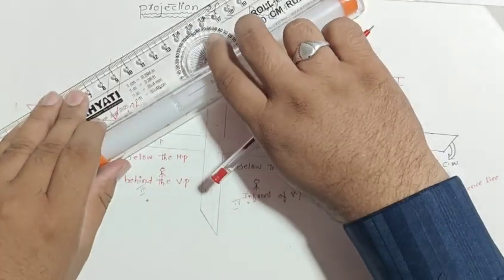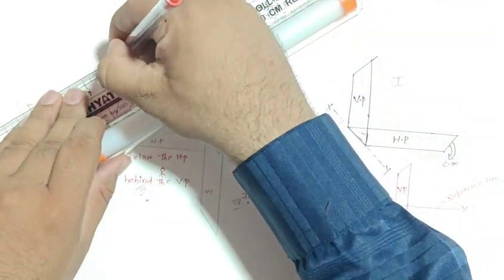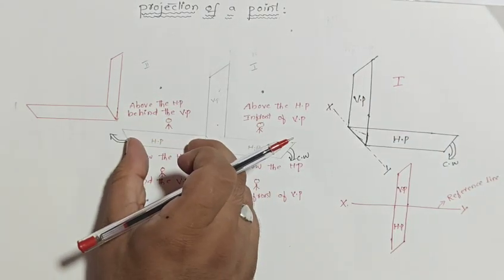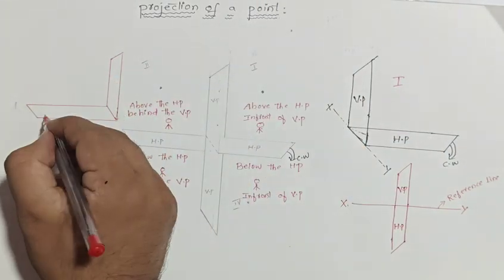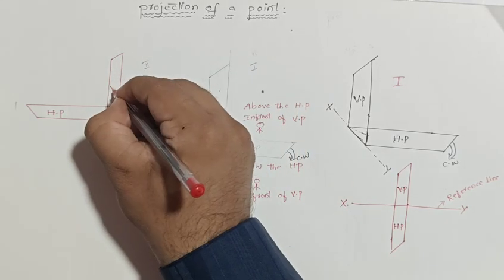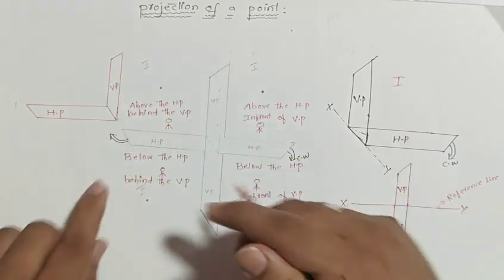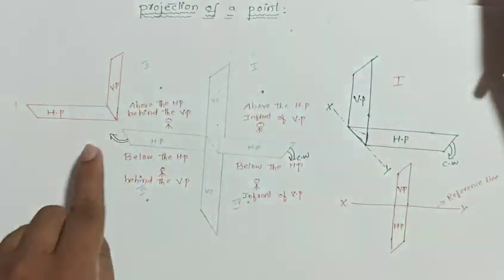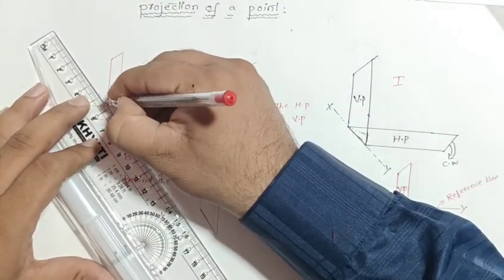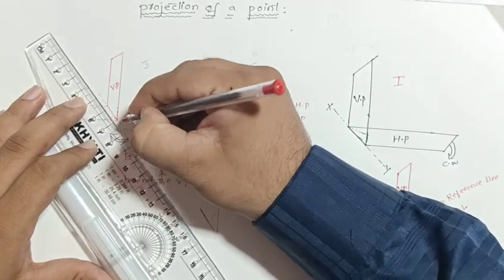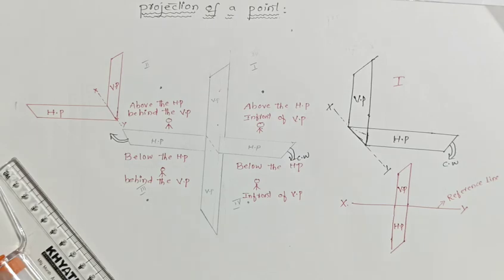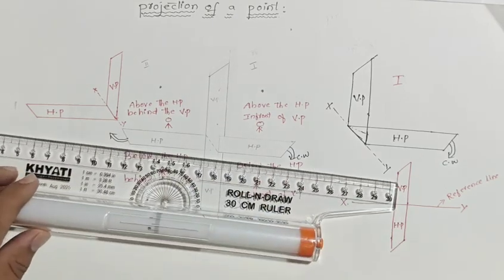So here we have the horizontal plane and the vertical plane, and this line is the reference line. It is represented as x and y. Can we write the formula here?